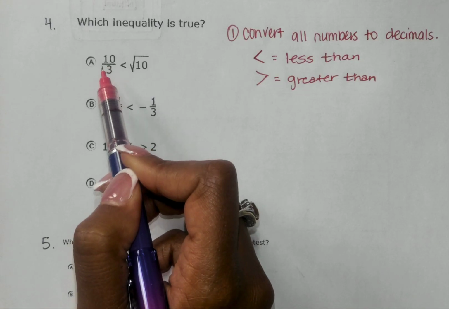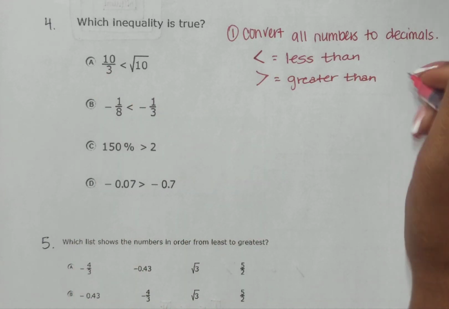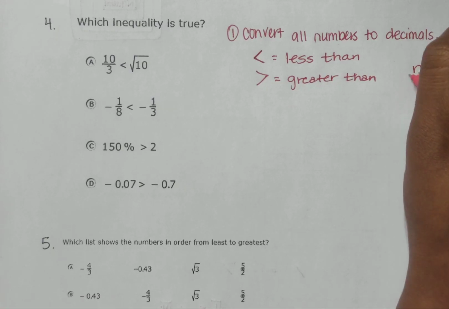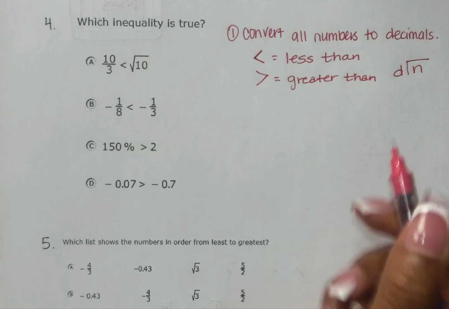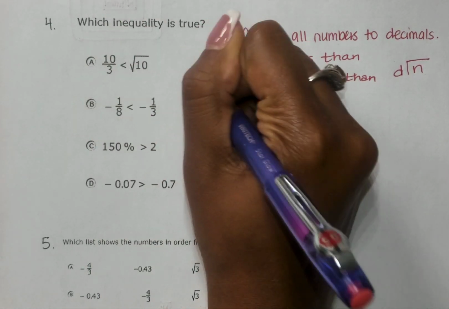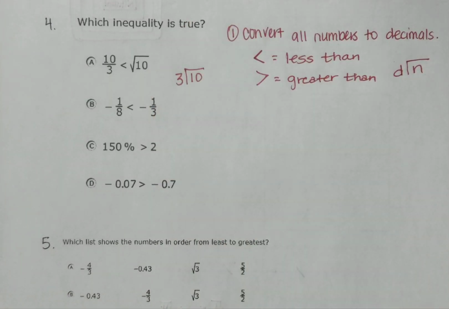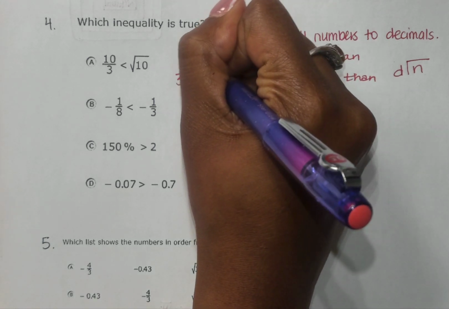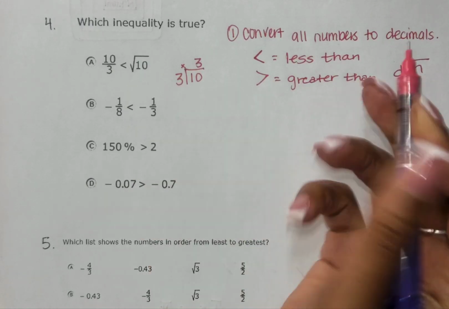To convert a fraction to a decimal, you divide the numerator by the denominator. So I'm going to do 10 divided by 3. I ask myself, how many times does 3 go into 10? It goes 3 times. 3 times 3 gives us 9.